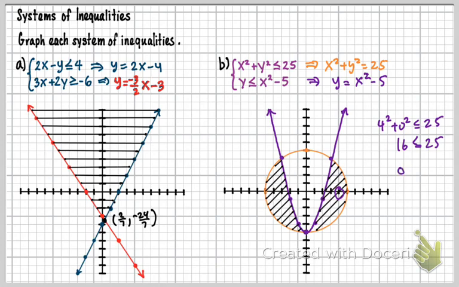That's going to be 0 for my y, less than or equal to 4 squared minus 5, and that's going to be 0 less than or equal to 11, so it checks. So we can see that it's going to work for all of the ones in that region. And I didn't have to check that. Once I checked 0, 0, I realized it was inside the circle, but not in the inner part of the parabola, so I knew it had to be outside of that. So therefore, that's why we got the region that we got.